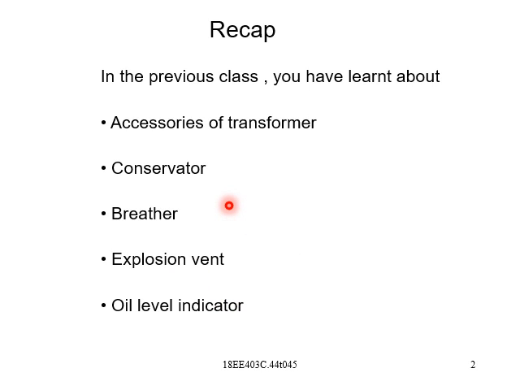I hope you have got some idea about that, and I hope that you have seen the video which I have shared on YouTube. So these are the main accessories. We have learned many accessories involved in the single phase transformer itself, but the main accessories were seen in the previous class in depth.